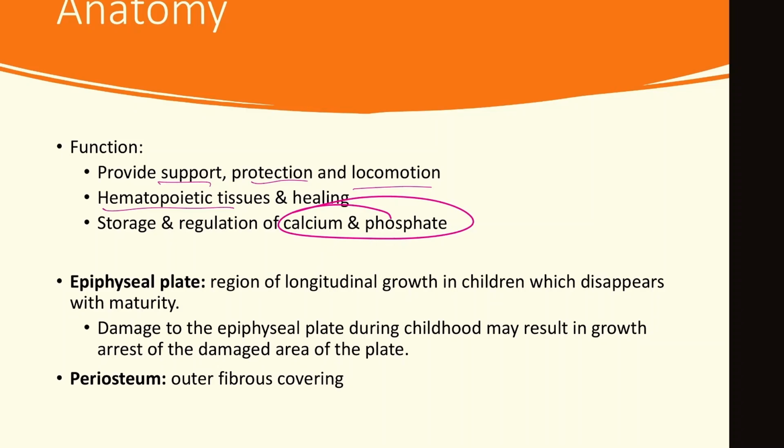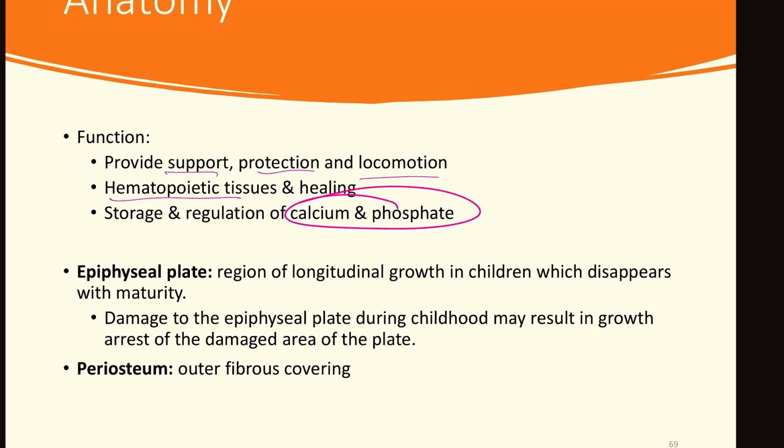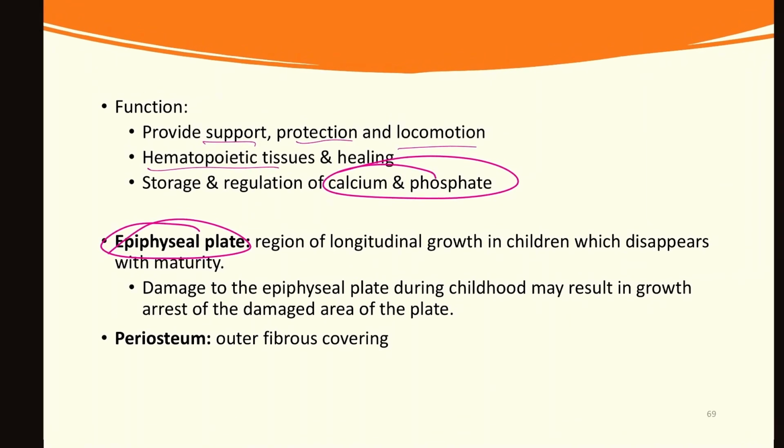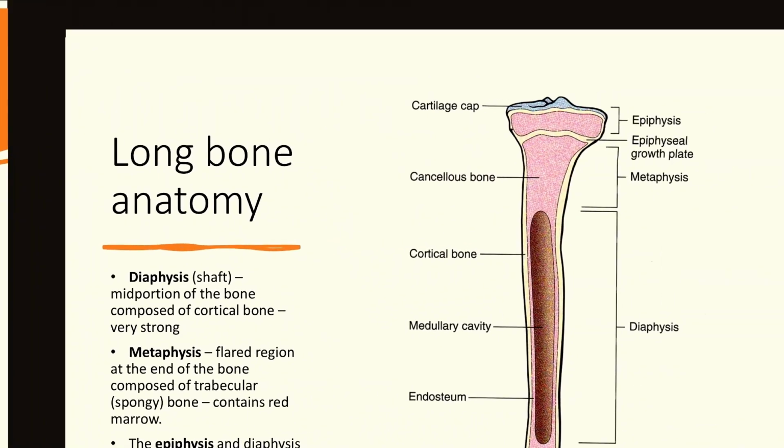We talked a lot about calcium metabolism at the end of physio, when it comes to calcium metabolism in bone, vitamin D, PTH, all about the role of calcium. We know the calcium is stored in the bone. We pull from it when we need it. Epiphyseal plate is that growth plate. That's very important to know where that is when we talk about fractures, if it broke or not. And periosteum is the outer covering of the bone.